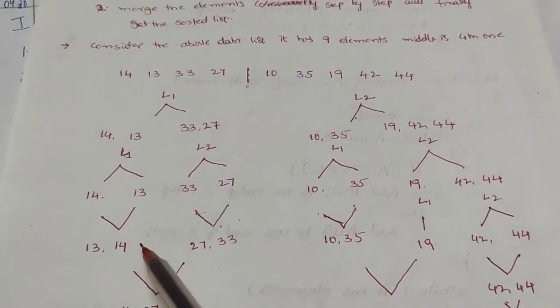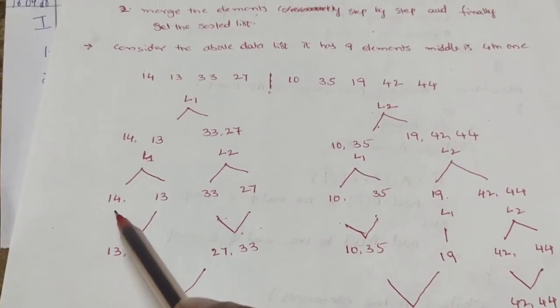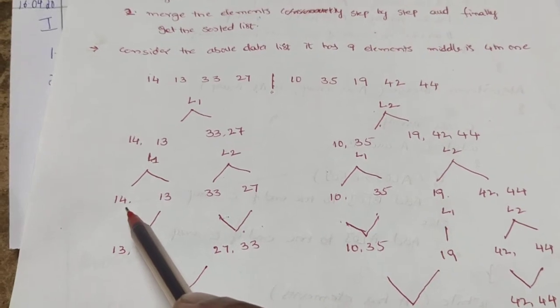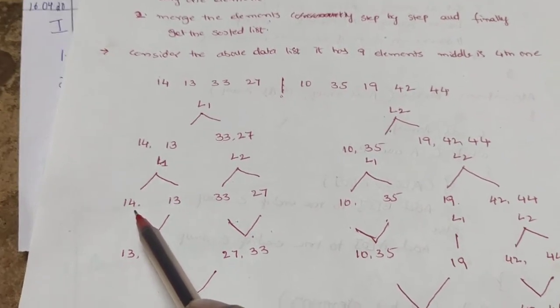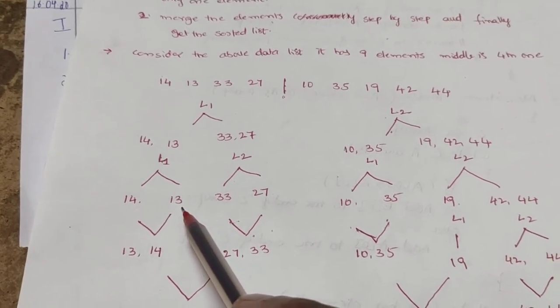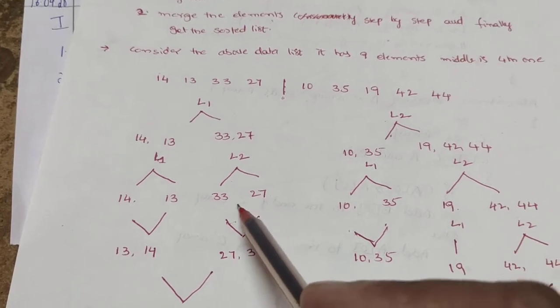Again I am dividing, so the first sublist has one element, 14, the next has one element, 13, and then one element 33 and one element 27.